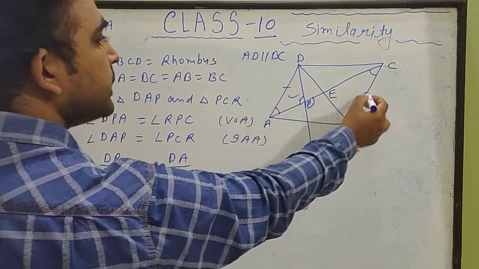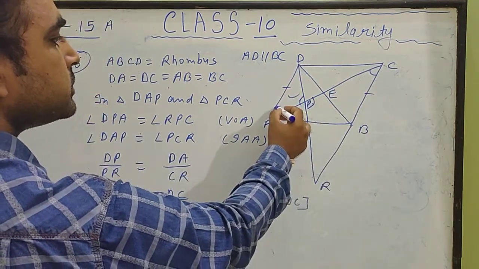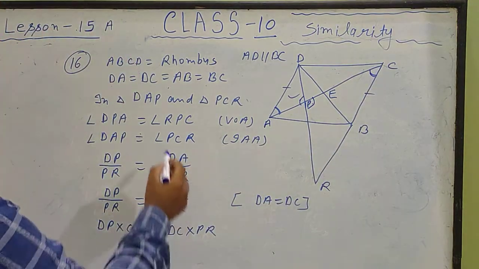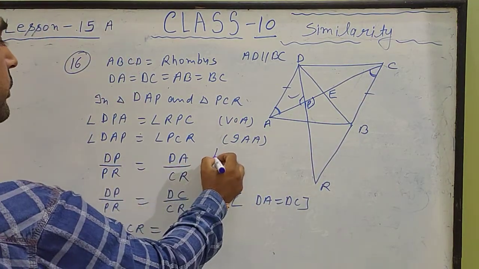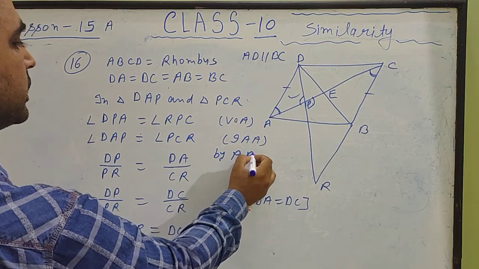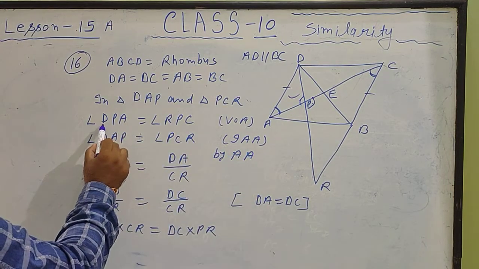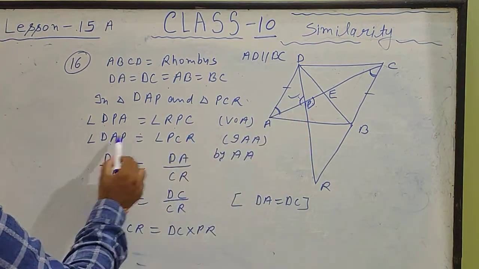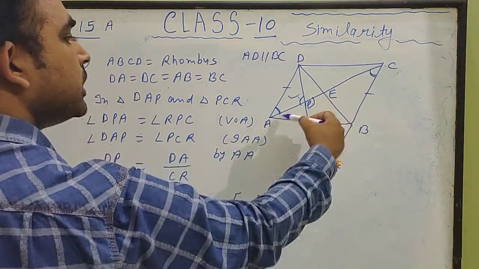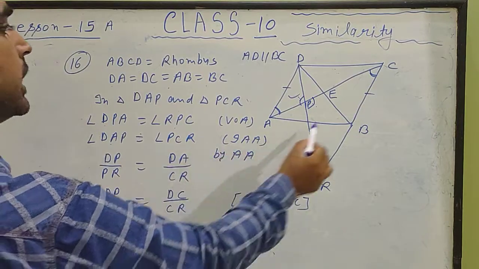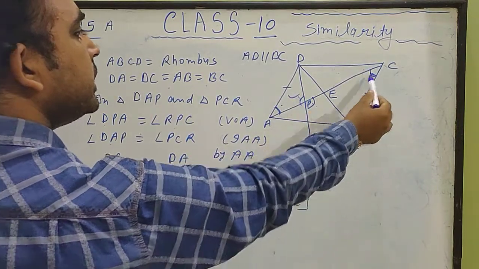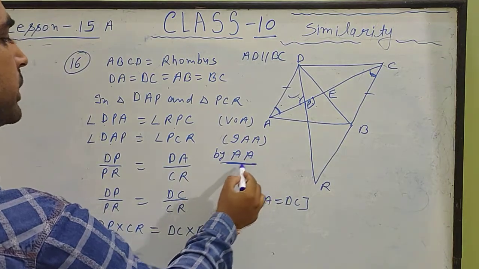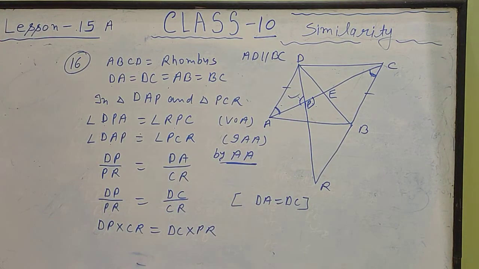So by the angle property, since two angles are equal, first DPA equals RPC, vertically opposite, and second DAP equals PCR, interior alternate, both triangles are similar to each other.